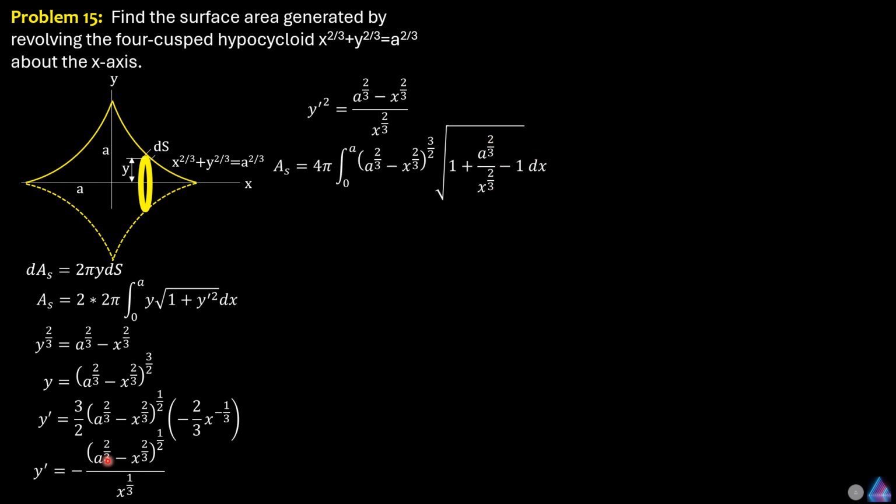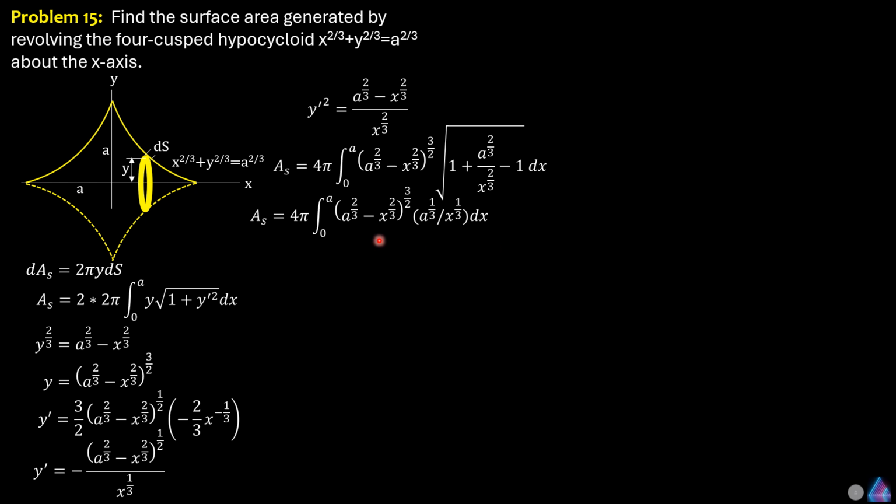Y prime squared can also be written as a to the 2/3 over x to the 2/3, then minus 1, because these are identical terms, so minus 1, then close dx. The value of the radical inside reduces to a to the 1/3 over x to the 1/3. So area S equals 4 pi integral 0 to a of the quantity a to the 2/3 minus x to the 2/3 raised to 3 halves times the quantity a to the 1/3 over x to the 1/3 dx.